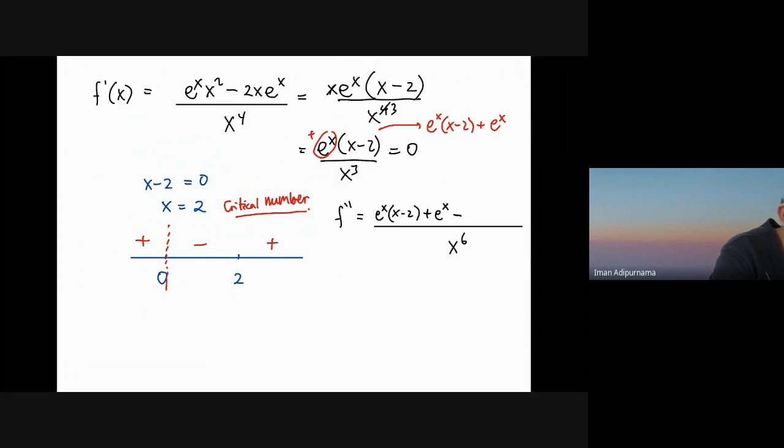And minus 3x squared, and then e to the x, x minus 2. Plus 1 minus 3x squared, x minus 2.